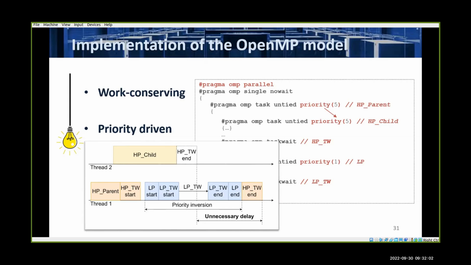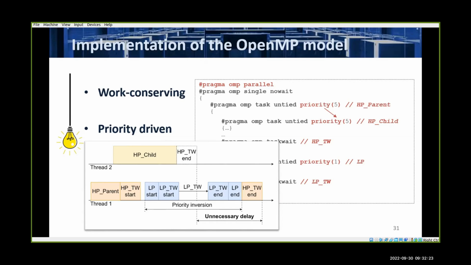So at that point, since we don't have these task scheduling constraints because we are handling untied tasks, this thread could be picking the other task, the lower priority task, and it starts executing. And this low priority task enters the taskwait.